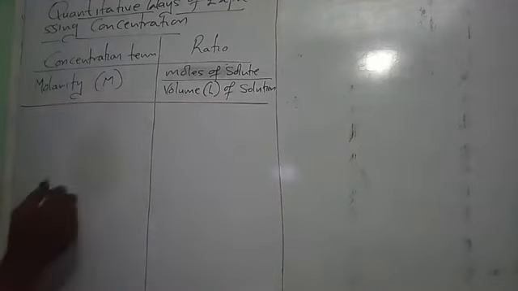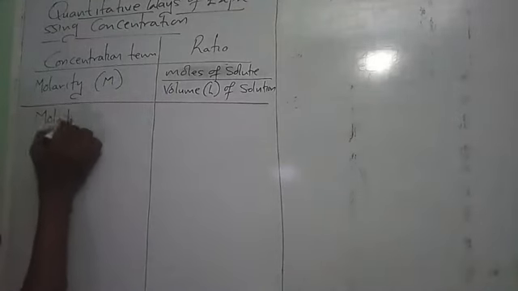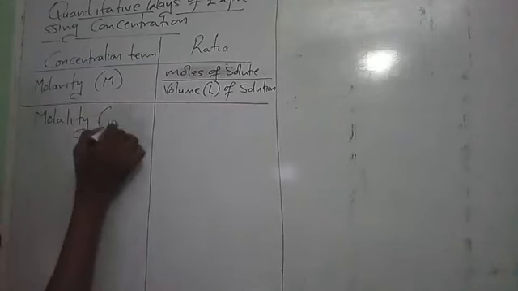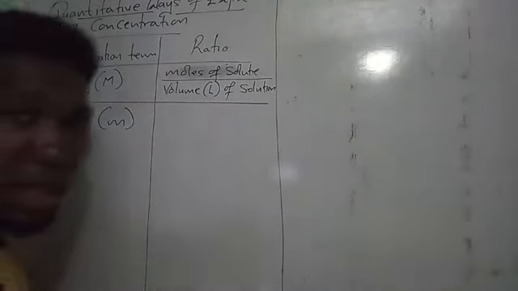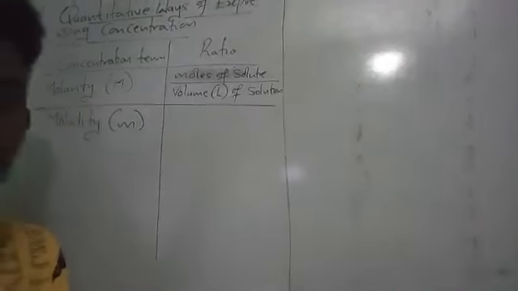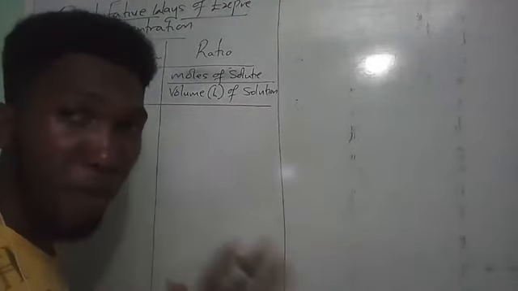Then you have another one known as molality. Do not confuse them. You have molarity and molality. Now, molality, represented as small letter m, means the number of moles of solute over the kilogram of solvent.